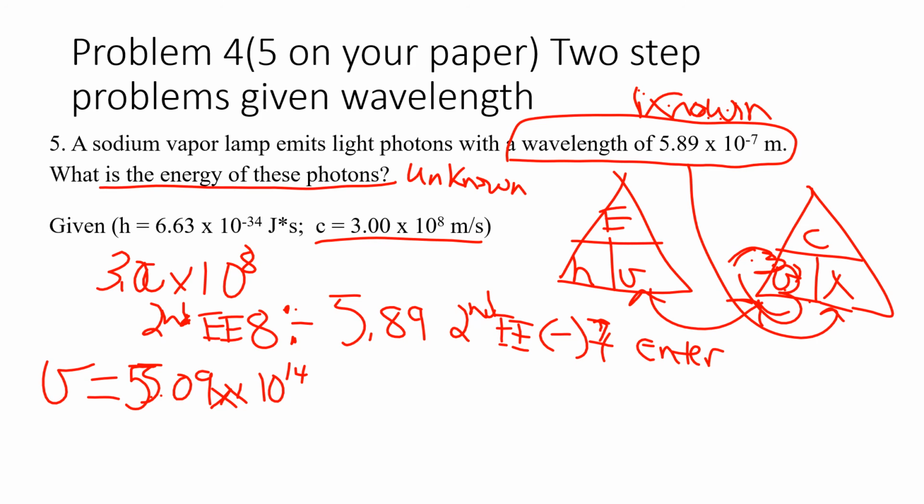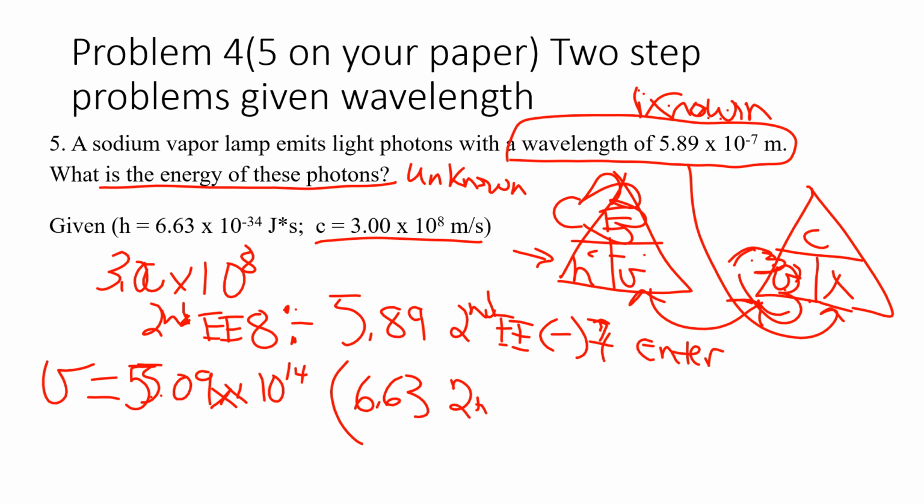Not done yet. We now need to plug this in to our energy diagram where we're trying to find energy. So we're going to put our hand again over E this time, and we have to look here to see what to do with our frequency, and that means multiplying by Planck's constant. So we have frequency, so now we're going to use Planck's constant, 6.63.